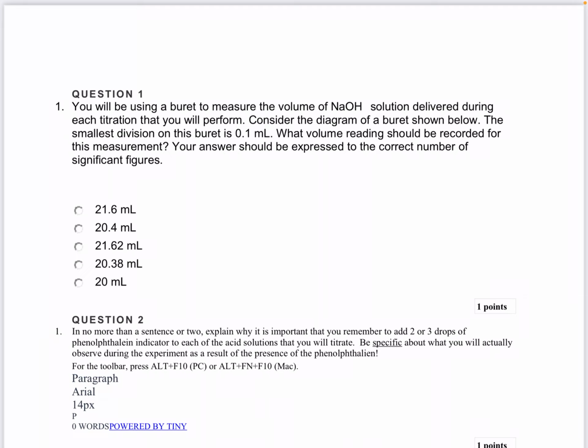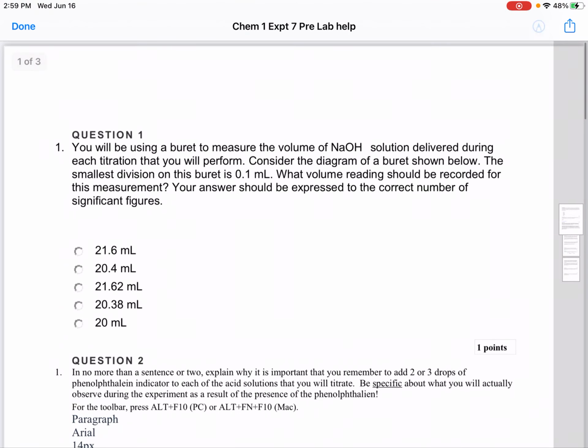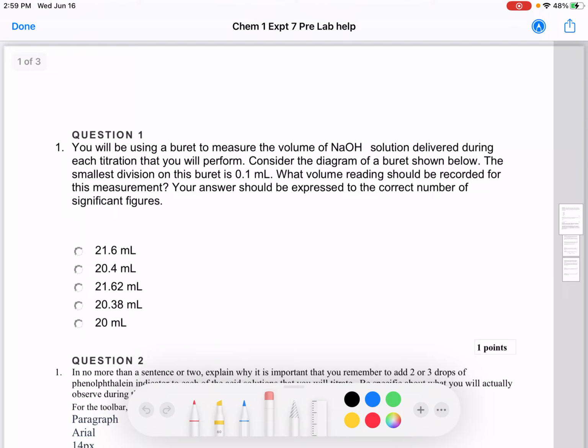So your question 1, you are given a Buret measurement, and it looks like this. So you have a Buret. Let me draw it over here. You have a Buret like that, and then in the Buret you have a liquid.